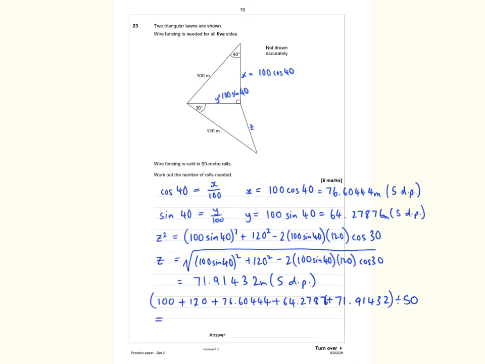Okay, so it's going to be 8.65595504. But if I divide it by 50 and I got this answer, then I will need 9. 8 won't be enough. I will need a little bit more, so I'm going to need 9 rolls. Okay, and I'll have a little bit of spare. So 9 is the answer.